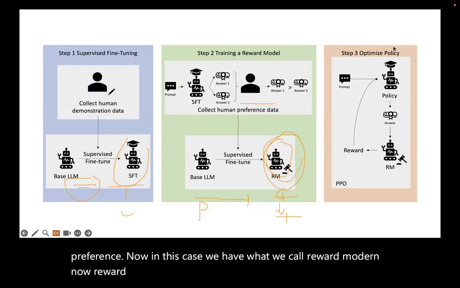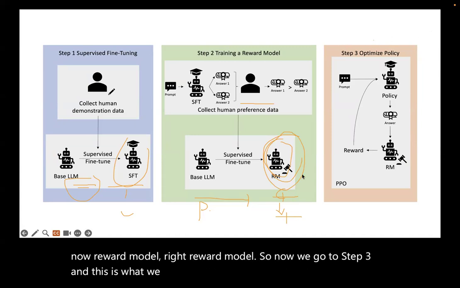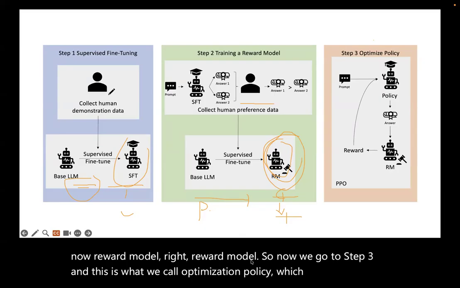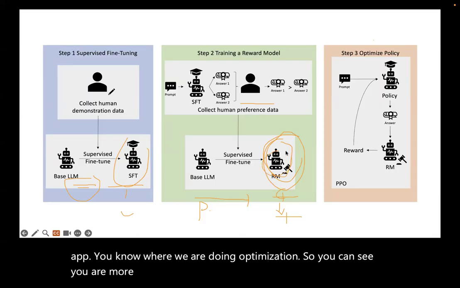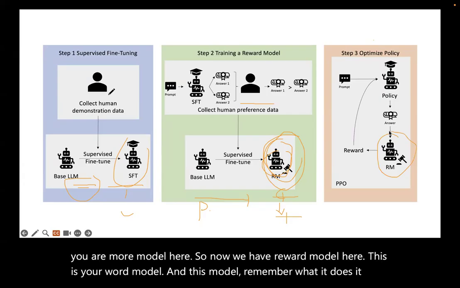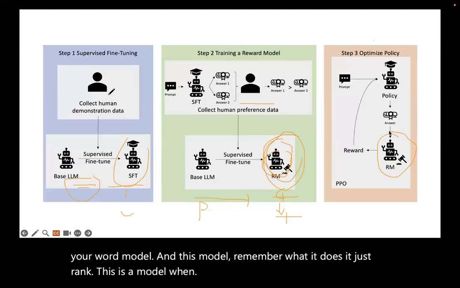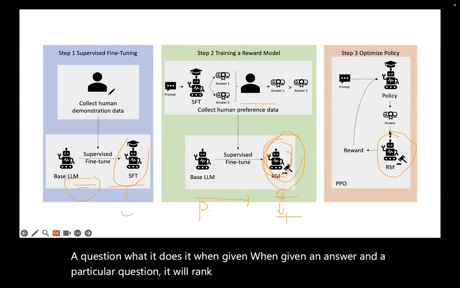Now we go to step 3, which is called optimization of the policy, called RLHF, where we are doing optimization. You can see your reward model here. Remember, what this model does is it just ranks. When given a question and a particular answer, it will rank whether this has higher probability.